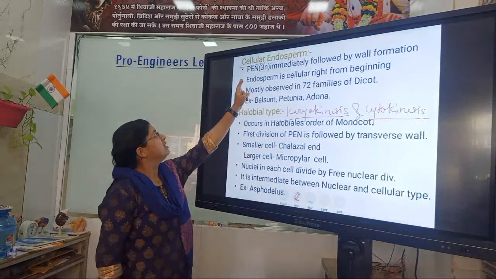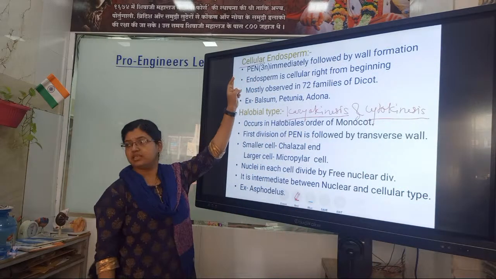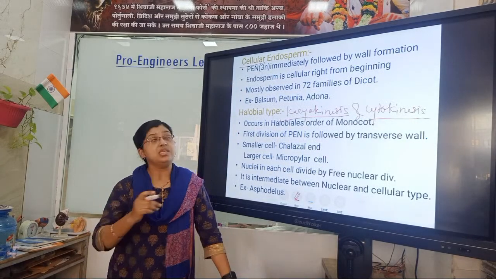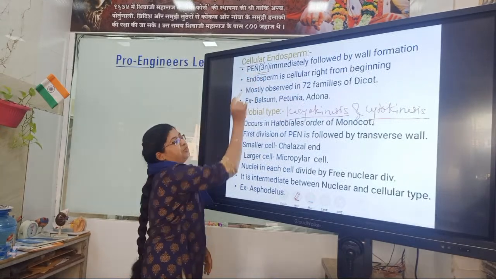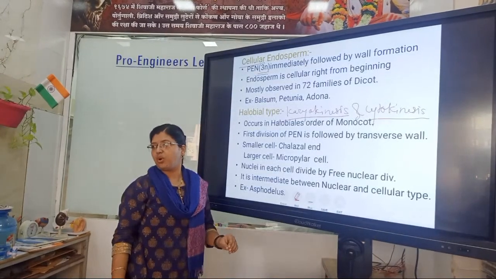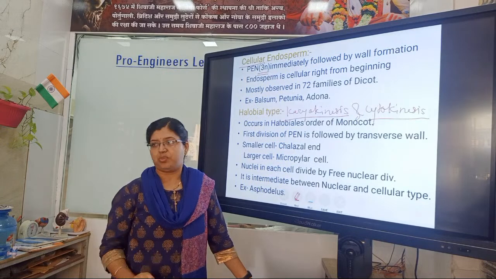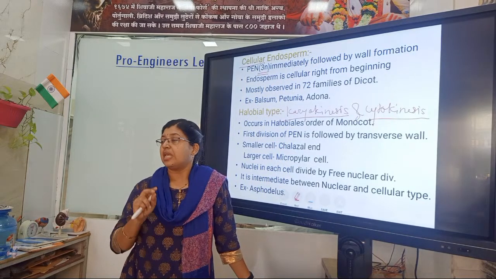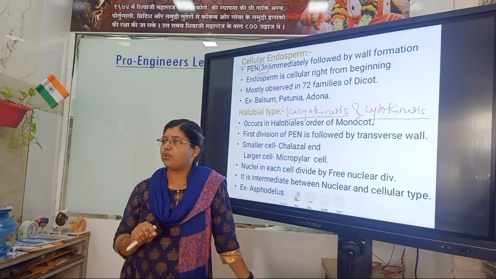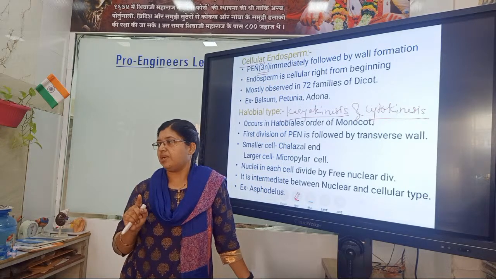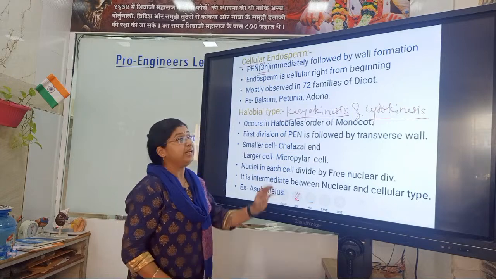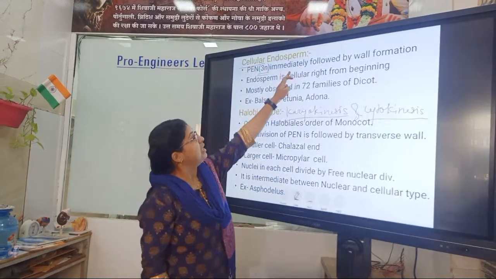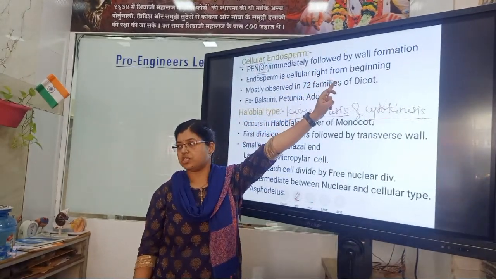So in cellular endosperm, the PEN, the primary endosperm nucleus, is triploid. Why? Because it fuses with the secondary nucleus, which is diploid, and the male gamete is haploid. Don't forget, it is immediately followed by wall formation.